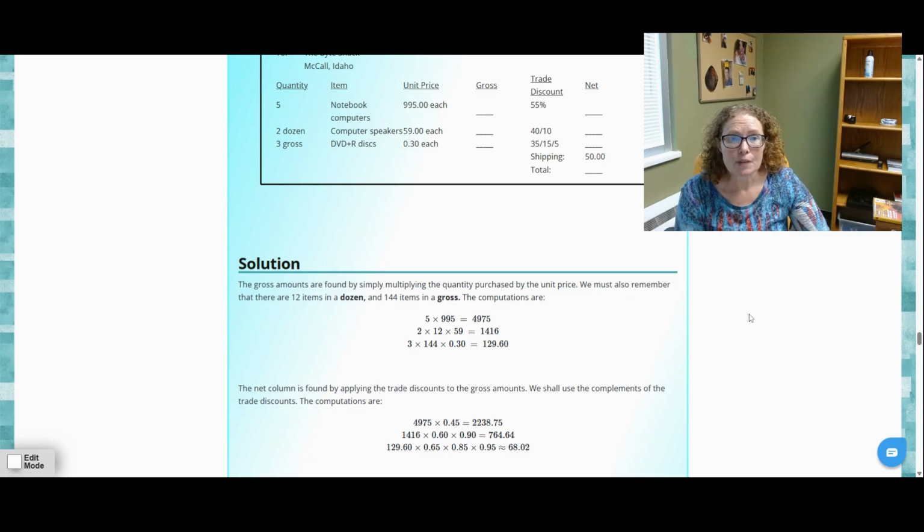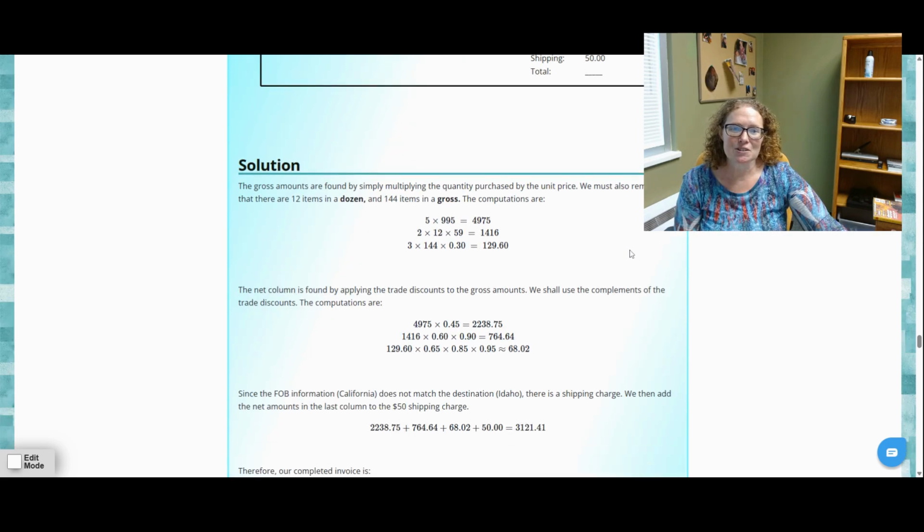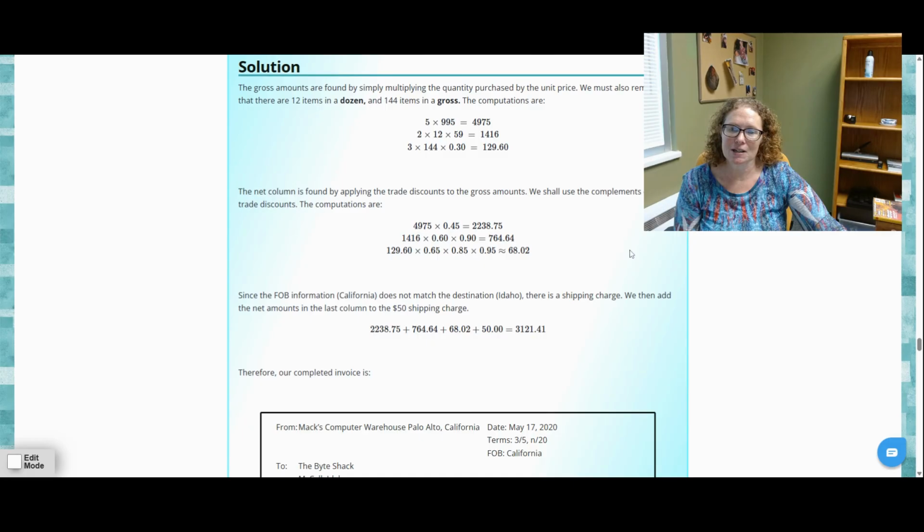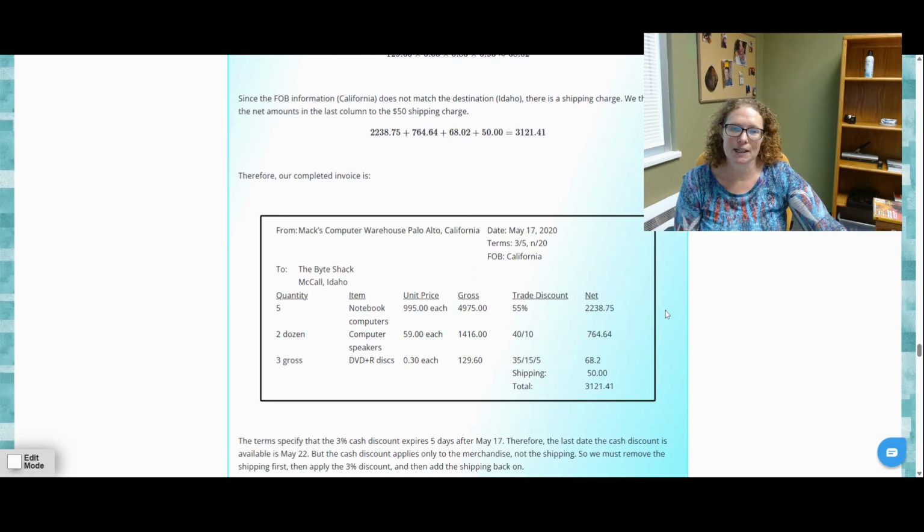You do the same for the different trade discounts. You've got a 40-10, using the complements, you find the answer to that. You've got the 35-15-5, you do that too. You also need to make sure you add in the shipping to the total, so that we have our completed invoice, and that's what it would look like.